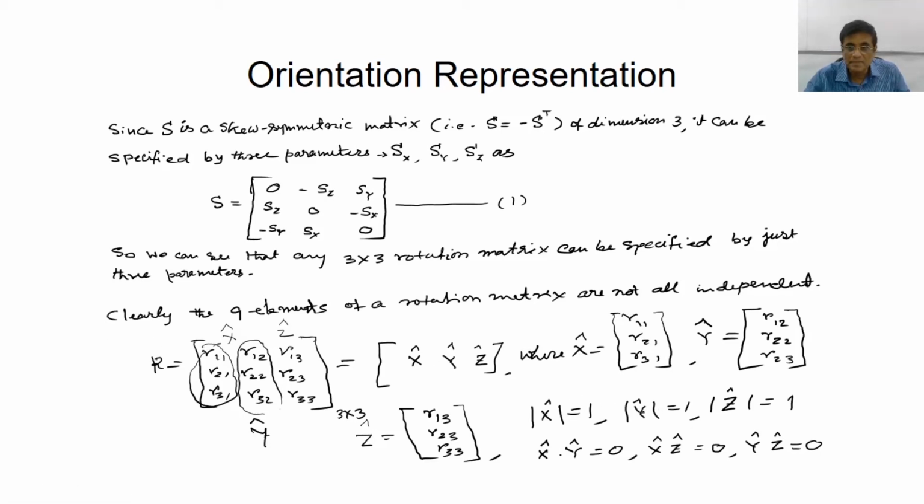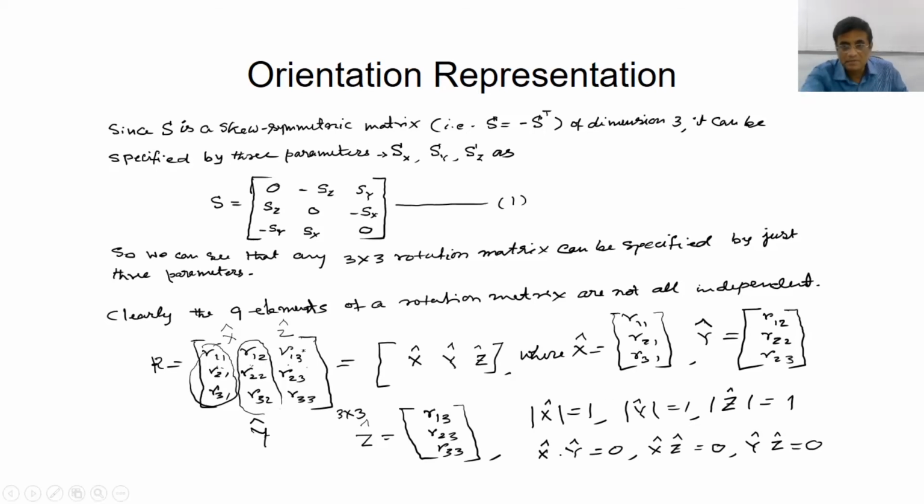Similarly the magnitude of y hat is 1, and the magnitude of z hat is also 1. Then, because this is an orthogonal transformation, you can verify that the dot product between this vector and this vector will be 0, between this and this will be 0, and between this and this also will be 0.